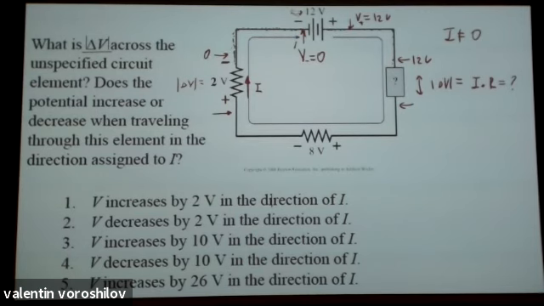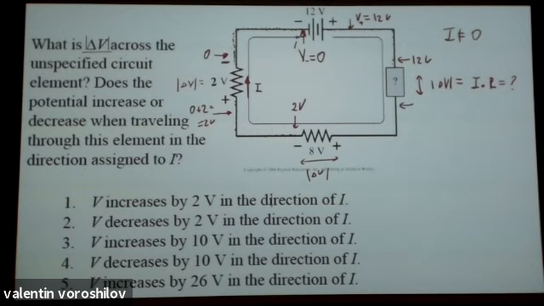So this is not 12, this potential is 0, and it remains 0. And now this should be 0 plus 2, which makes it 2 volts. And this electric potential remains the same all up to here, 2 volts again. And now what we see is here that electric potential increases by 8.